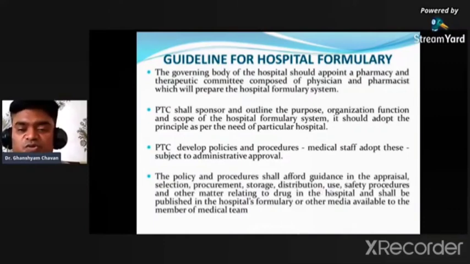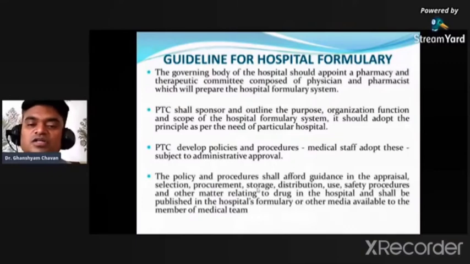Distribution, use, safety procedure. For some drugs we require some safety procedures, we should protect some drugs from certain things, and other matters related to the drugs in the hospitals, and shall be published in the hospital formulary or other media available to the members of the medical team.